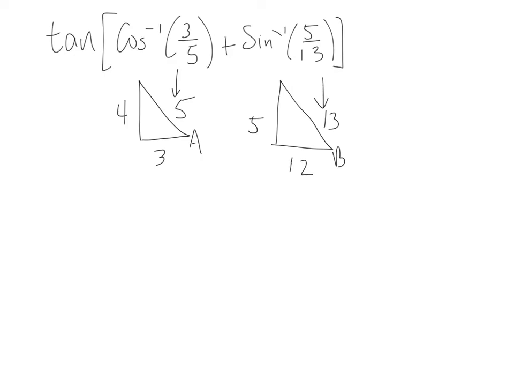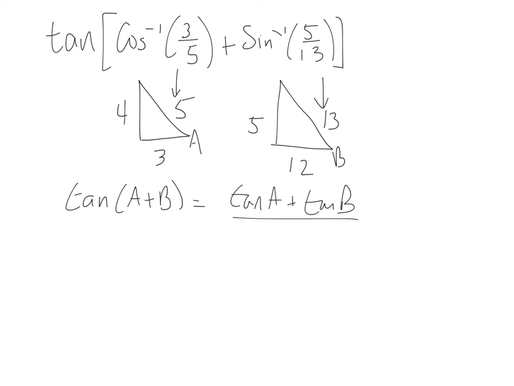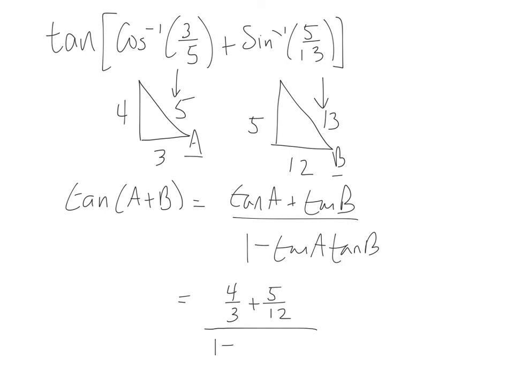And so just treat this as a regular problem where you would just do tangent of A plus B, which, as we know, is tangent of A plus the tangent of B over 1 minus the tangent of A times tangent of B. Well, the tangent of A would be 4/3 plus 5/12, over 1 minus 4/3 times 5/12.